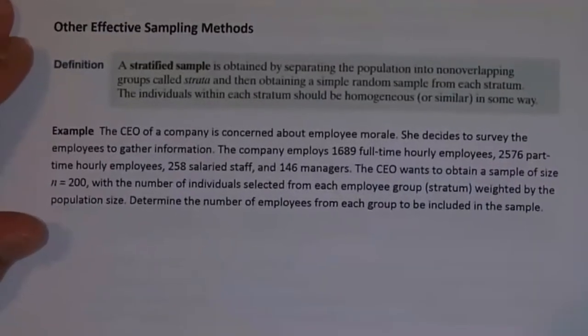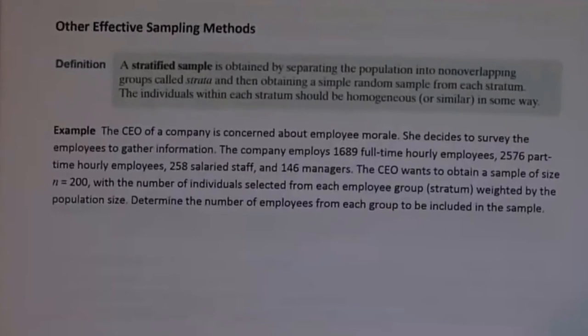So for example, if I wanted to do a political poll, and I wanted to know, do you approve or disapprove of the president's handling of the coronavirus? Well, I suspect that I might get different opinions depending on whether the individual identifies themselves as a Democrat, a Republican, or an independent, let's say.